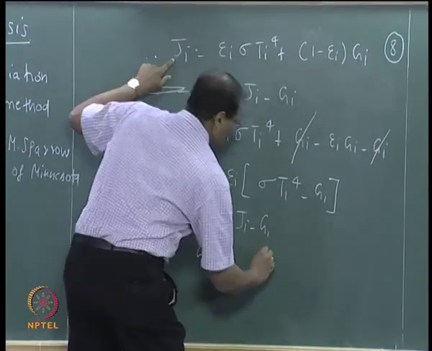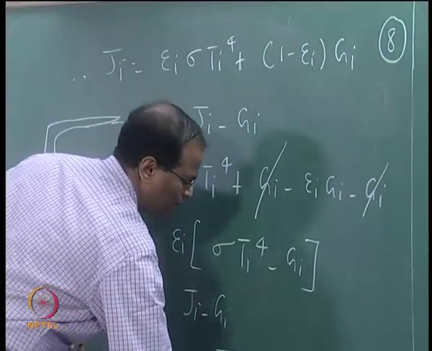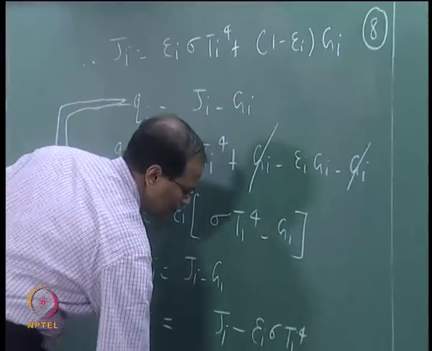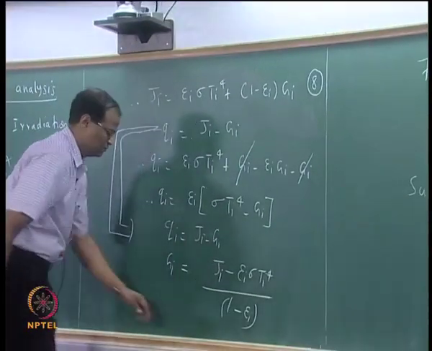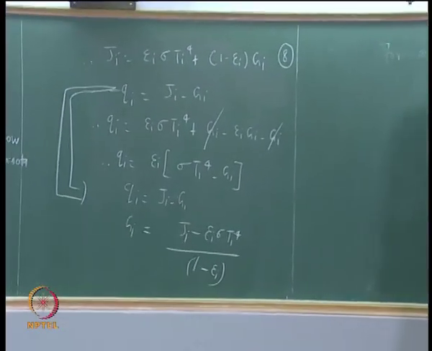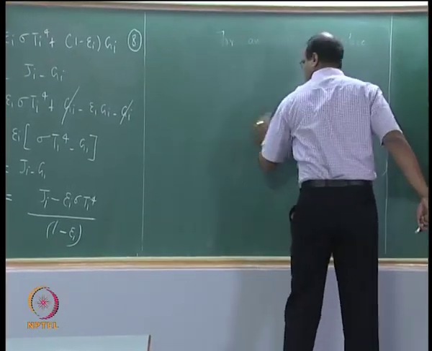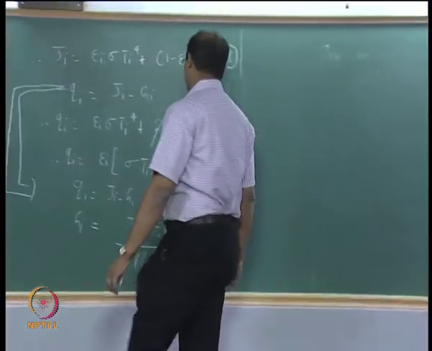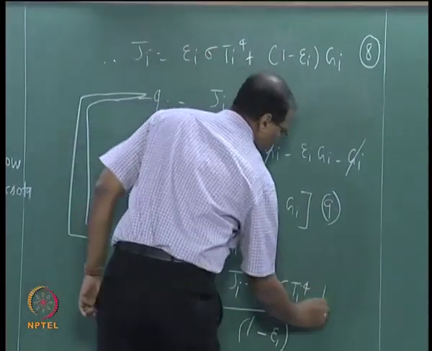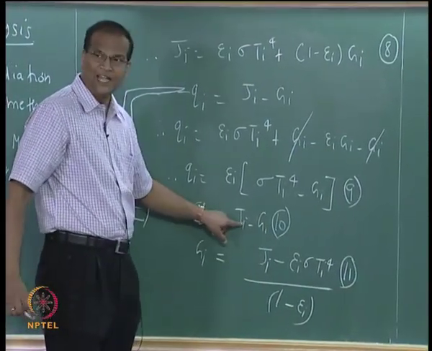Gi is... correct. I got an expression for Gi, I can substitute for Gi in 10, correct.